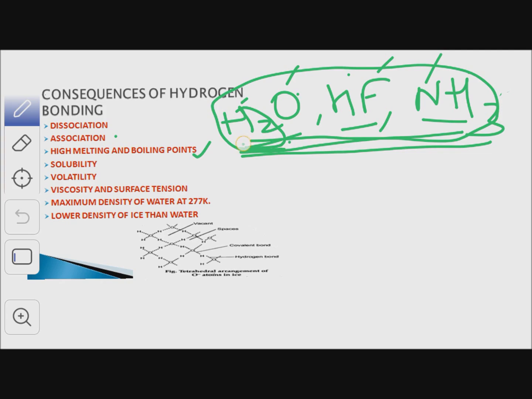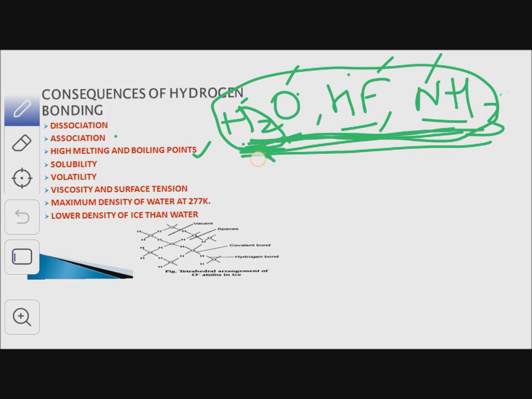That's why they require more energy to break the bond, and hence their melting and boiling points are high and they exist as a liquid and in solid form.